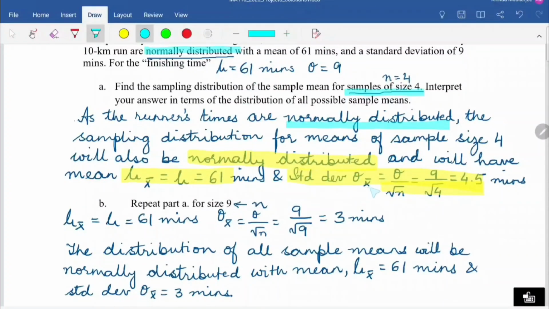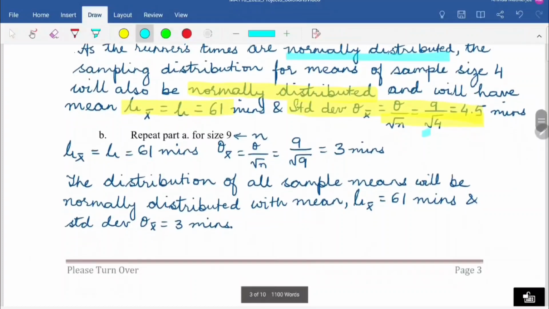The standard deviation, written as sigma sub x bar, goes with this formula for the sampling distribution of the sample mean: sigma divided by square root of n. So 9 divided by square root of 4 is 4.5 minutes.